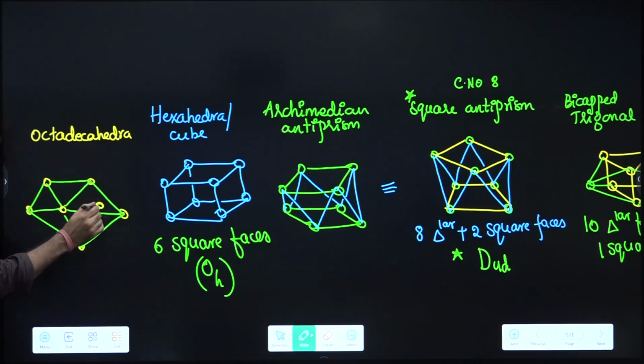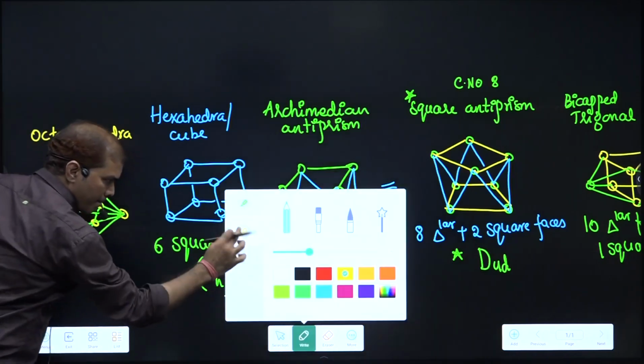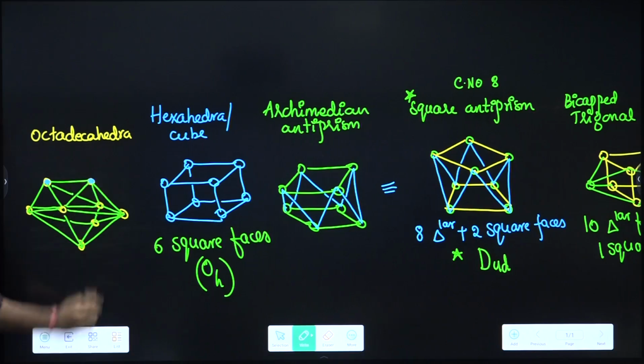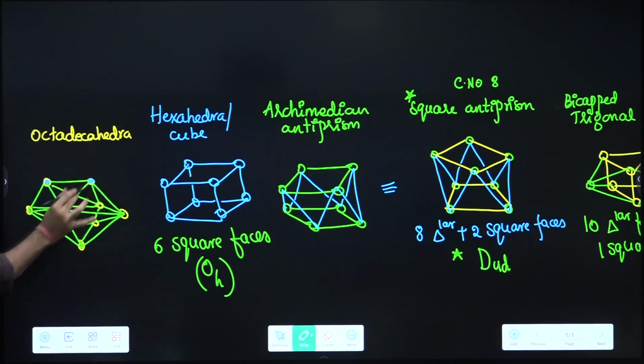So if you are able to look it carefully, everyone, just a minute. You just look at these two, this one and this one. How many vertices or how many edges are coming? 4. For this, 4. Now look at this one. 4.